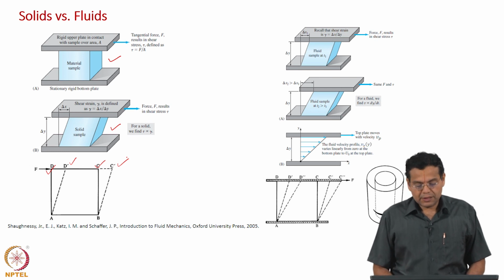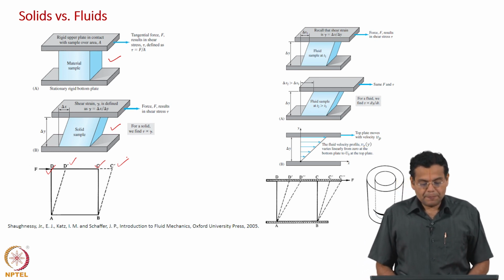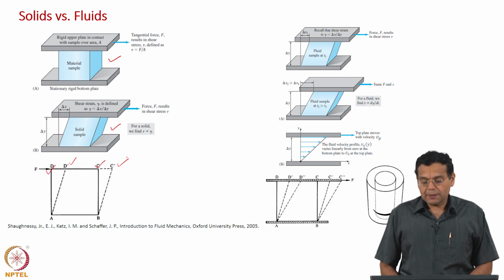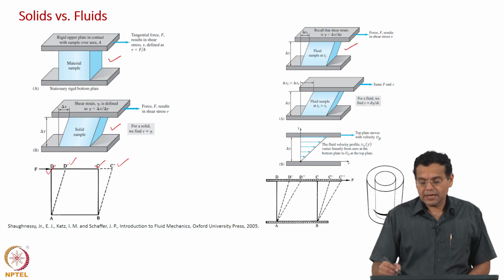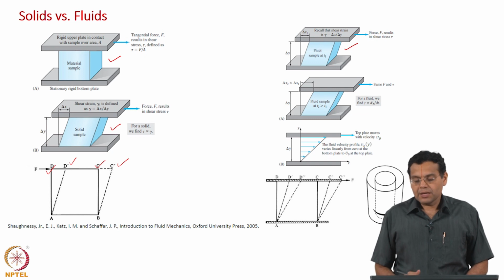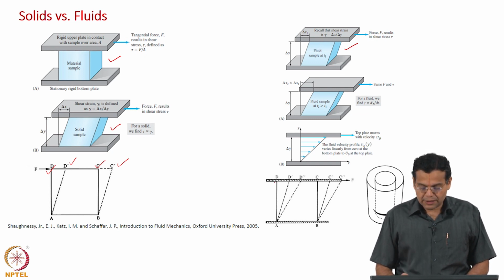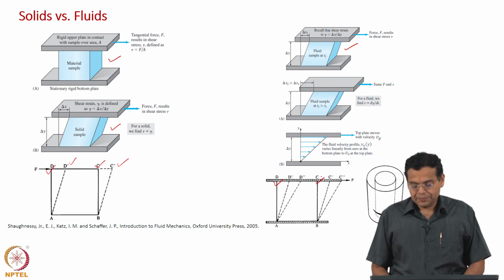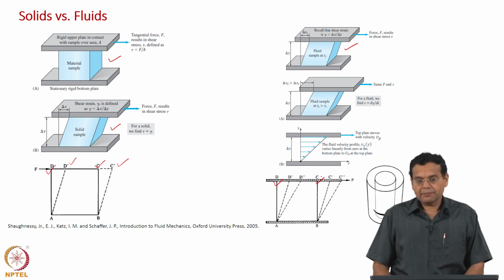Now, if you do the same, if you apply a tangential force for a fluid as shown on the right hand side, it starts deforming, but now it continues to deform as long as you apply the tangential force, and that is what is shown here. D, C are the points at some time t.